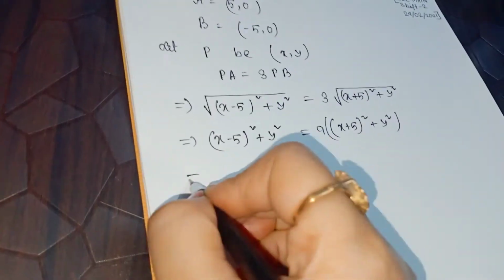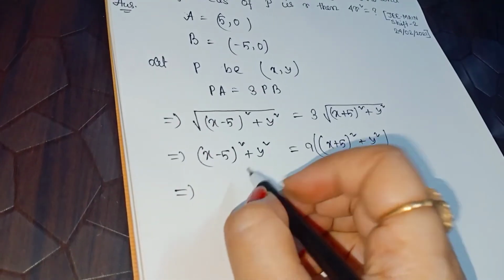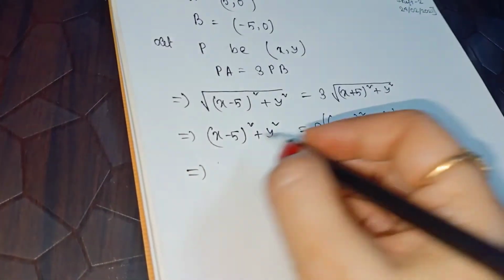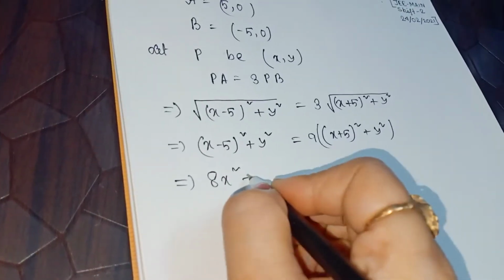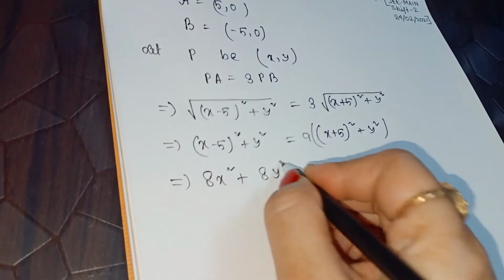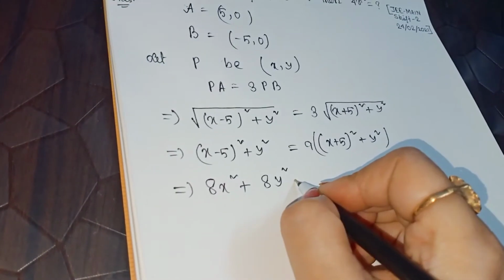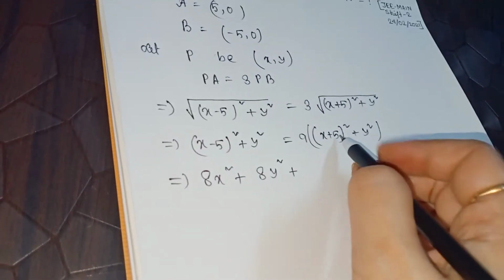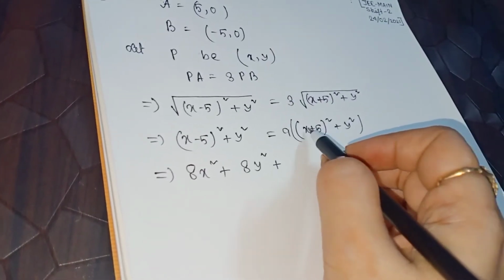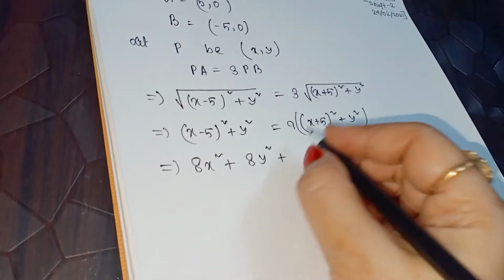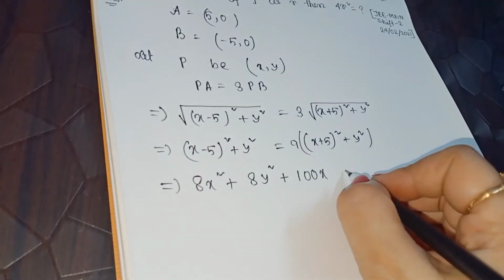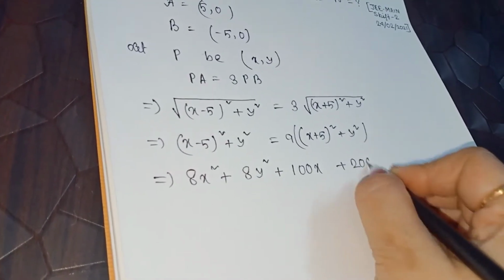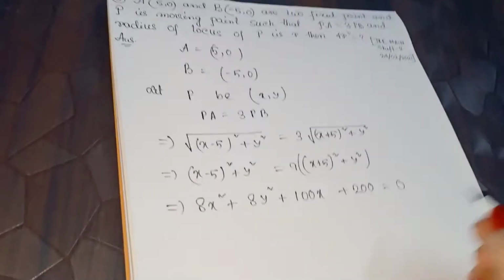Now simplifying this, here we get 9x square minus x square, so that is 8x square plus 8y square plus 100, it is 25 into 2, so it is 100x plus 200 is equal to 0.